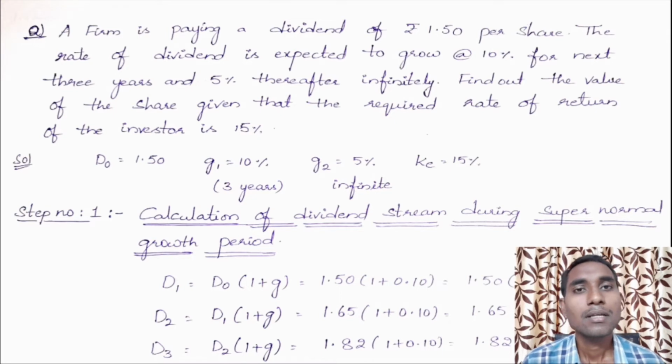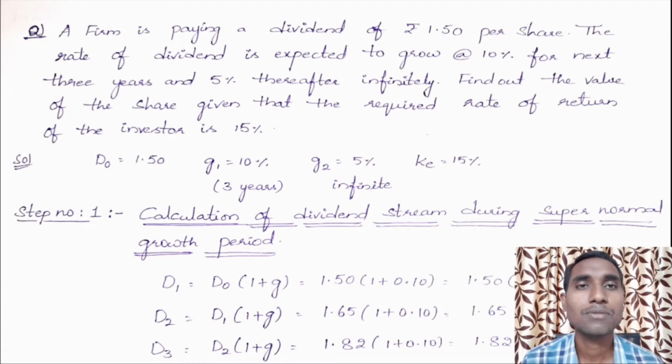That means for a few years they grow at some rate, and after a few years they start growing at a different rate. When you see two growth rates in the question, note that the question belongs to the multiple growth rate model. Now let us look at a problem on multiple growth rate so that you understand this model.